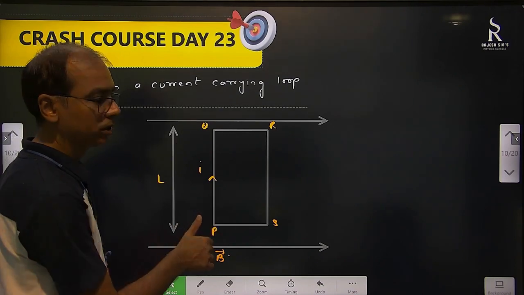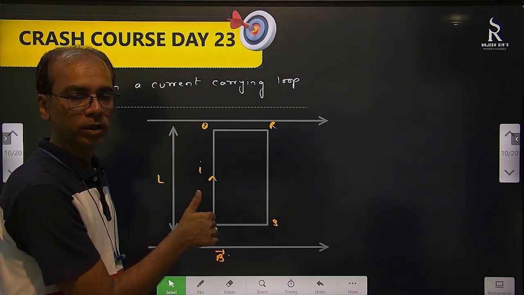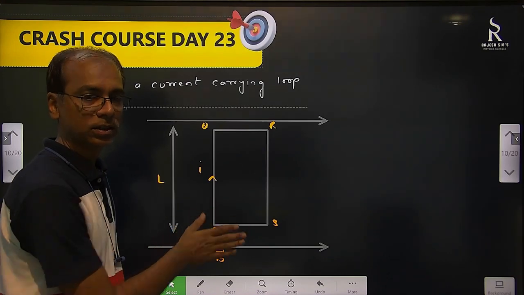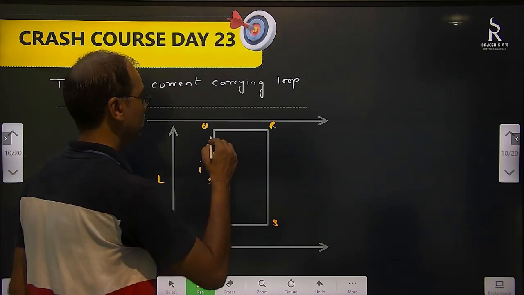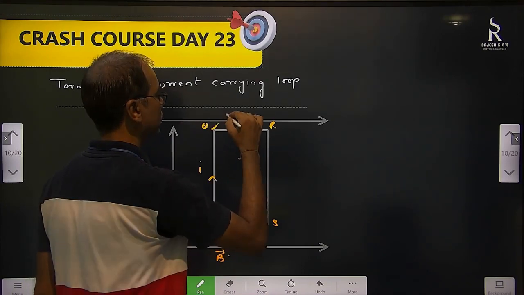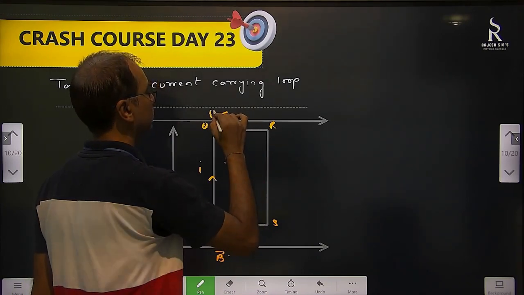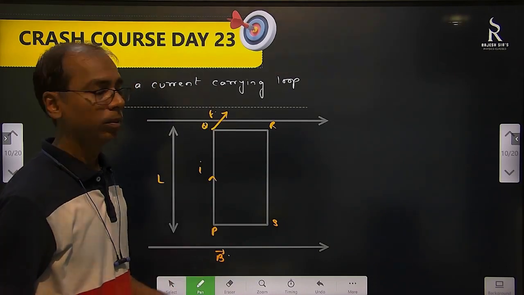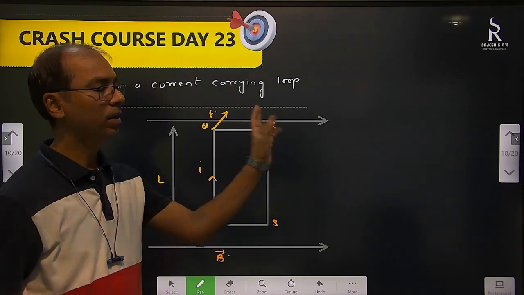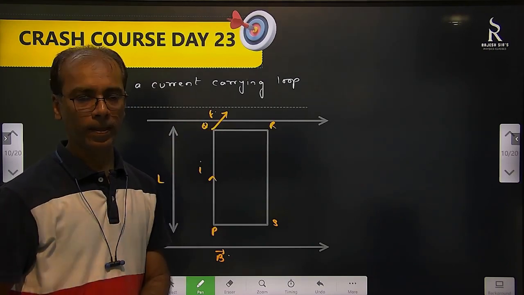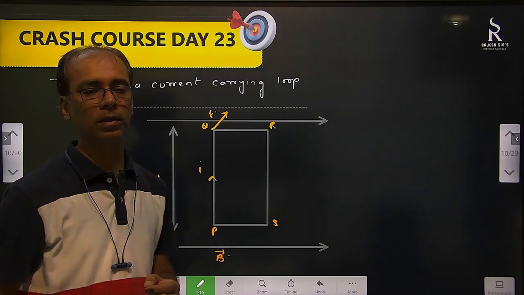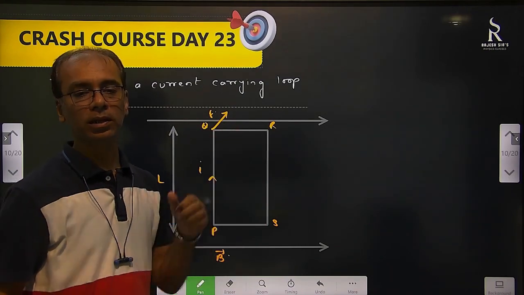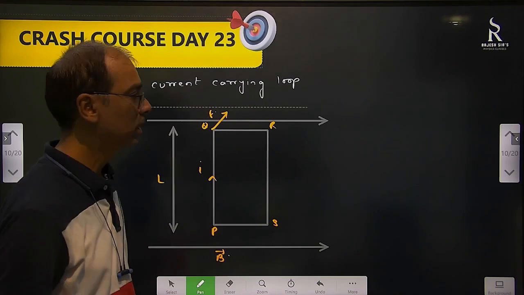So I is upwards, and the magnetic field is like this. So where is the force? Force is acting inside. So on this wire alone, force is inside. What about this section? Here force is 0. Why? Because here I and the magnetic field are in the same direction. What is the force? I dl cross B, I dl B sine theta. If dl and B are in the same direction, then force will become 0.